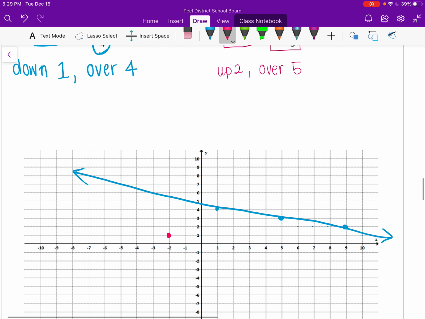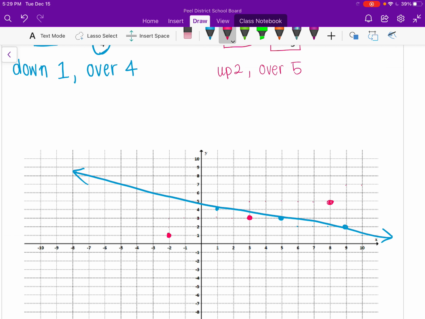So I'm going to go up 2, over 5, 1, 2, 3, 4, 5. And I'll put my next dot here. Same thing, I'm going to go 1, 2, over 5, 1, 2, 3, 4, 5. And I'm going to put my dot there. I'm going to keep going.